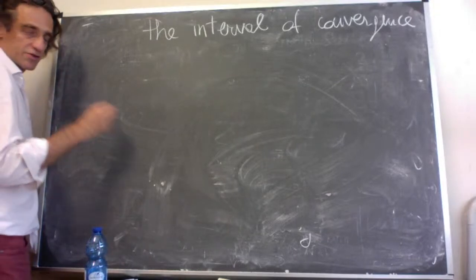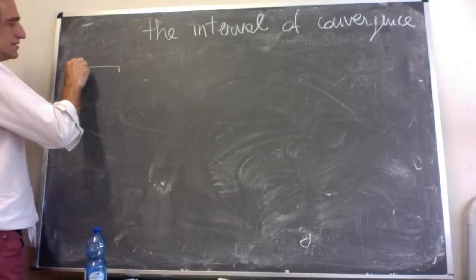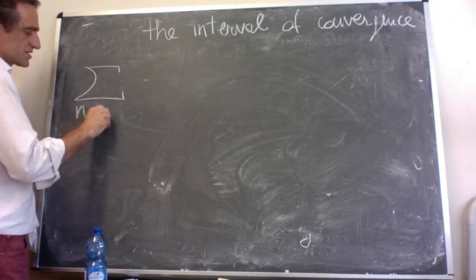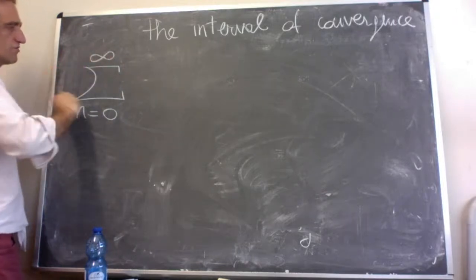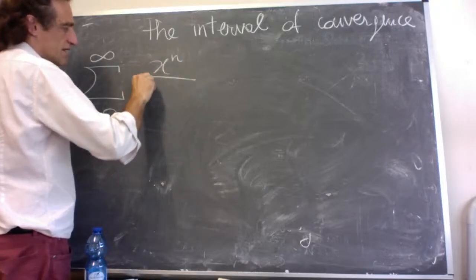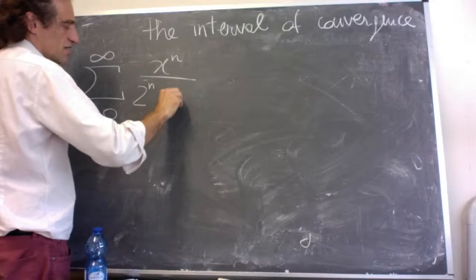So let us start from our last series, the sum from 0 to infinity of x to the nth power divided by 2 to the nth power times (n plus 2).